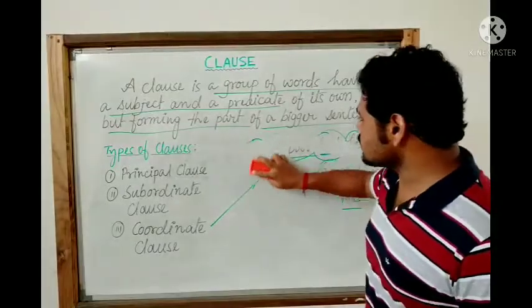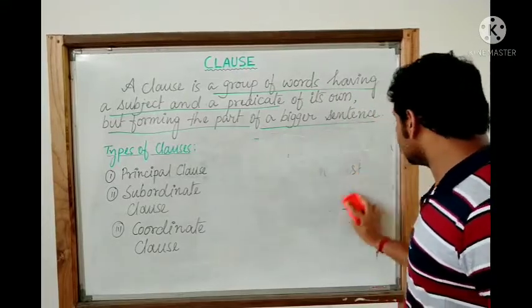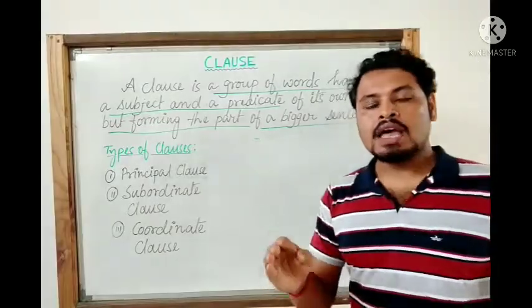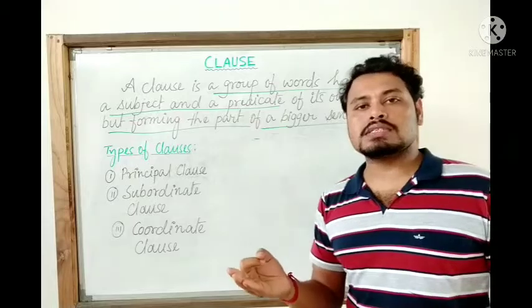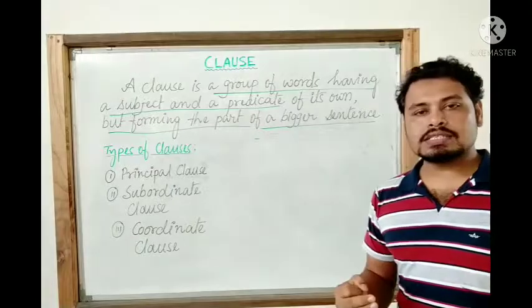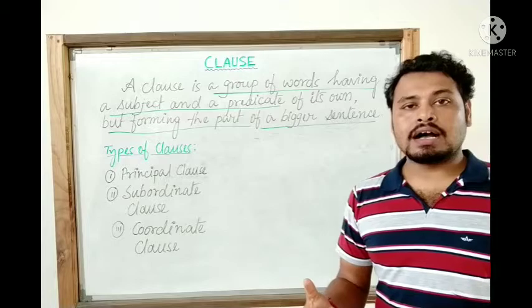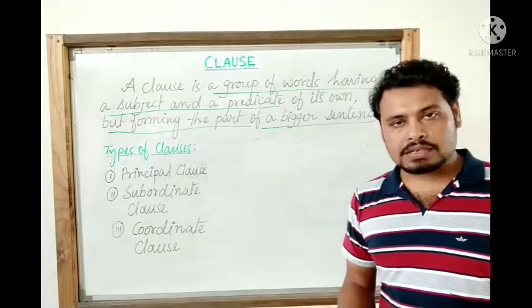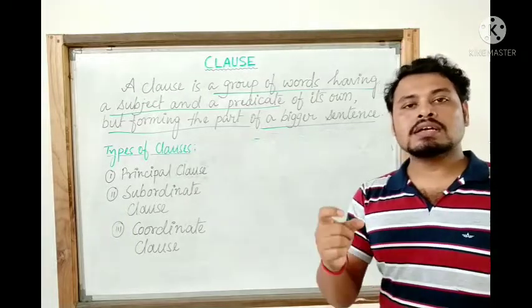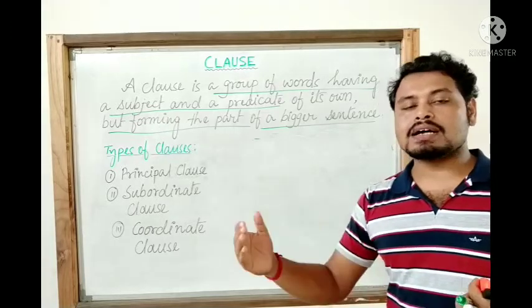So we have clearly seen that a clause is definitely the part of a bigger sentence, because a sentence is also a group of words, a clause is also a group of words. A sentence and a clause, initially it may seem that there is no difference, but the most important thing is that a clause is obviously and always a part of a bigger sentence.